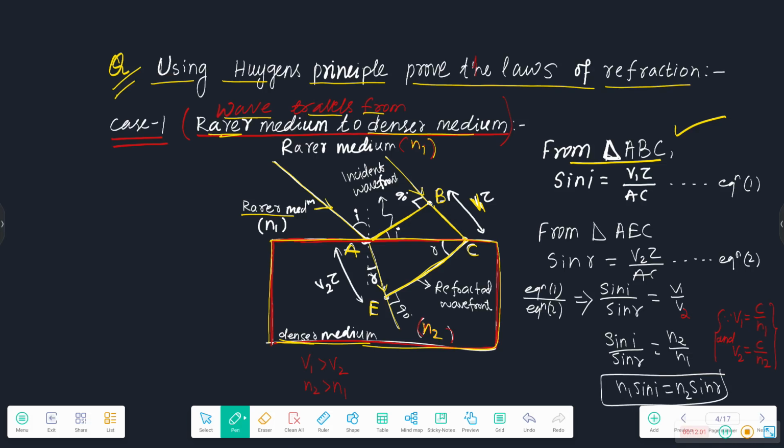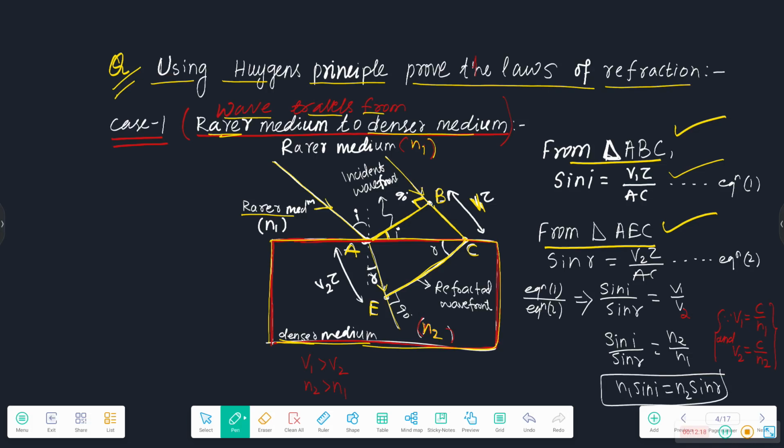Now if I want to find sin i, it is v1 tau by AC. This angle B is 90 degrees, so sin i equals v1 tau by AC. And from the triangle AEC, what can I get?